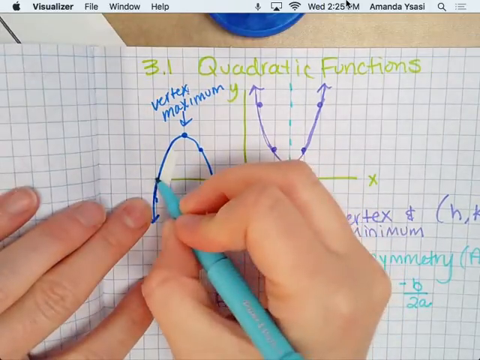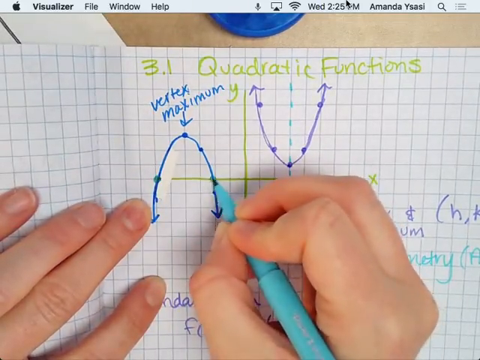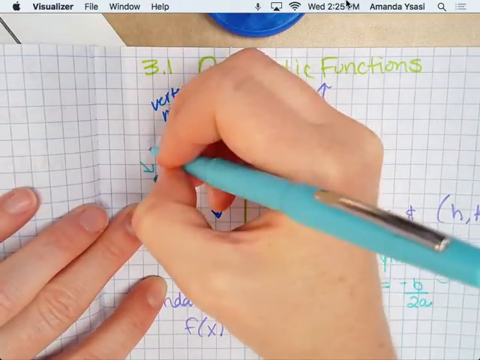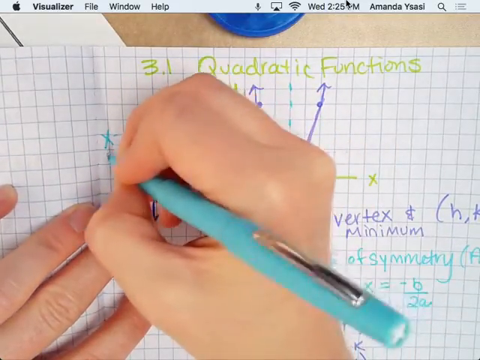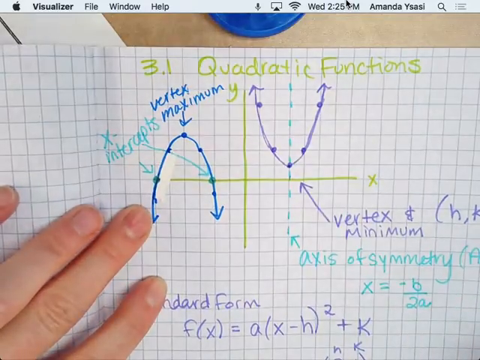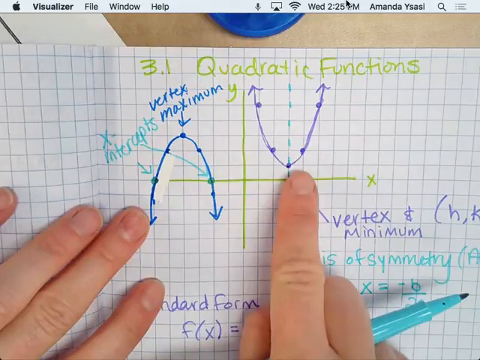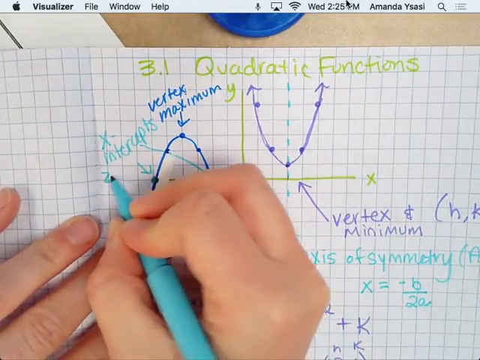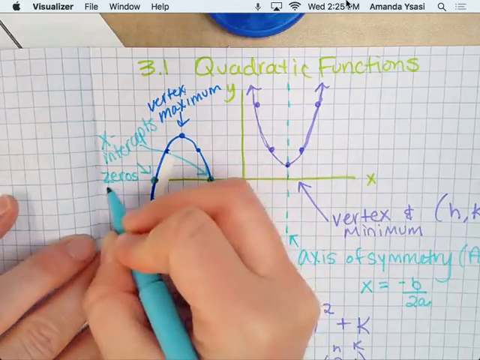And then this one we have x-intercepts. This one had no x-intercepts. But this has your x-intercepts, which are also called zeros or solutions.